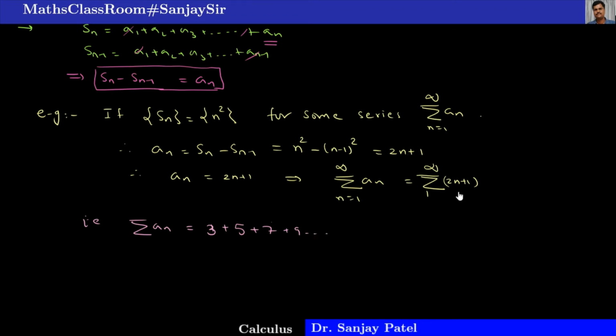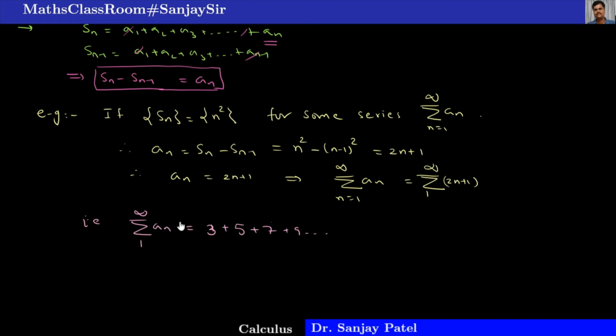If you put n equal to 1, 2, 3 and so on, then you will get this series. So given the sequence Sn of partial sums, you can find out the original sequence an or the corresponding series sigma an. It is also true the other way, which is very simple.